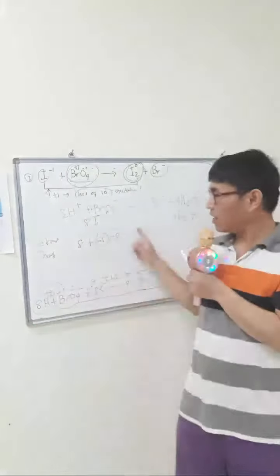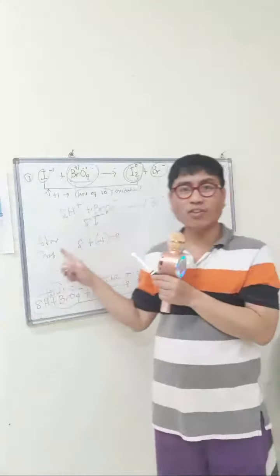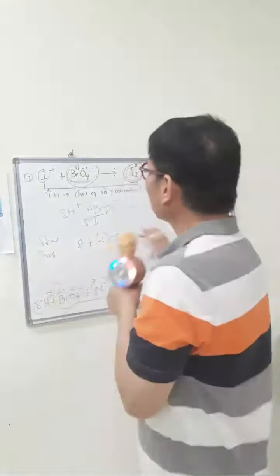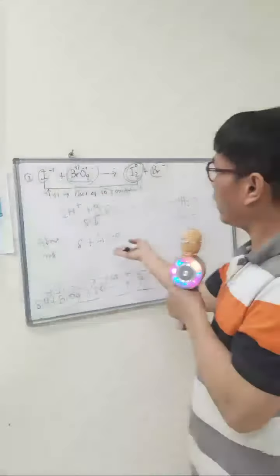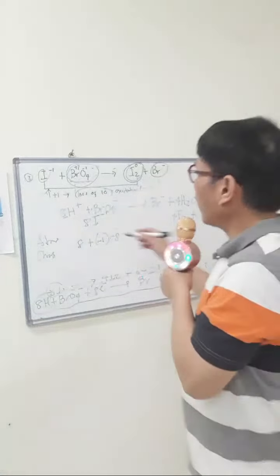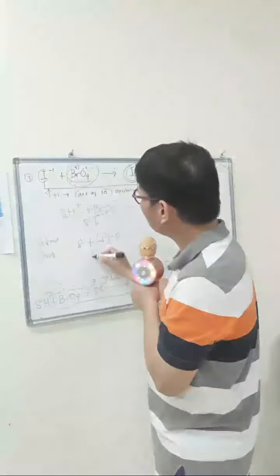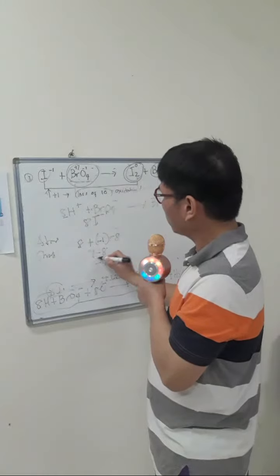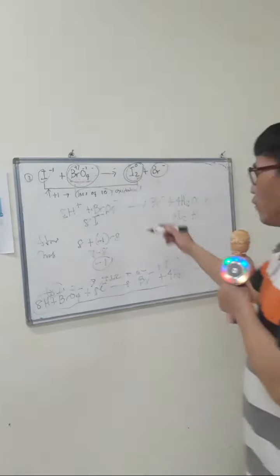Be careful with this, because it doesn't give the same answer if you start from the right. So add first, because there's no multiplication here and no division here. So 8 minus 1 is 7 minus 8. Therefore, negative 1. This is the total net charge of the reactant.